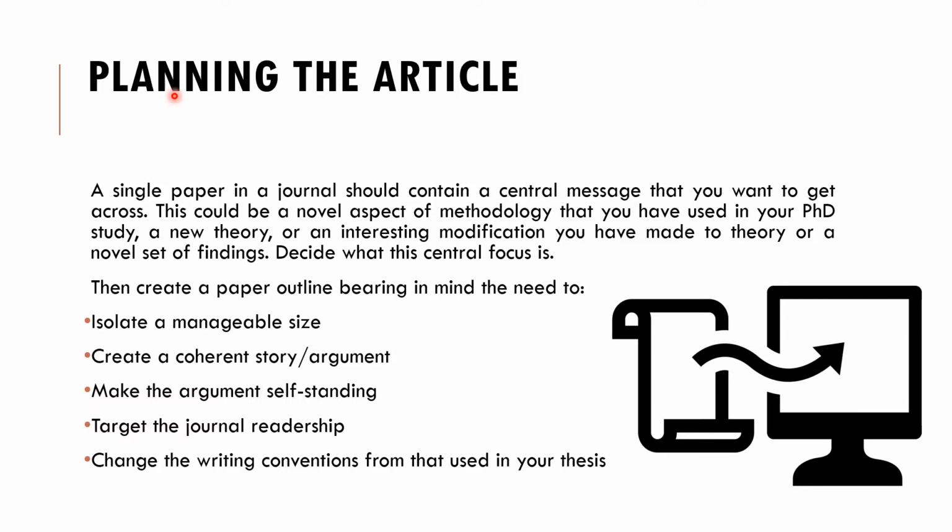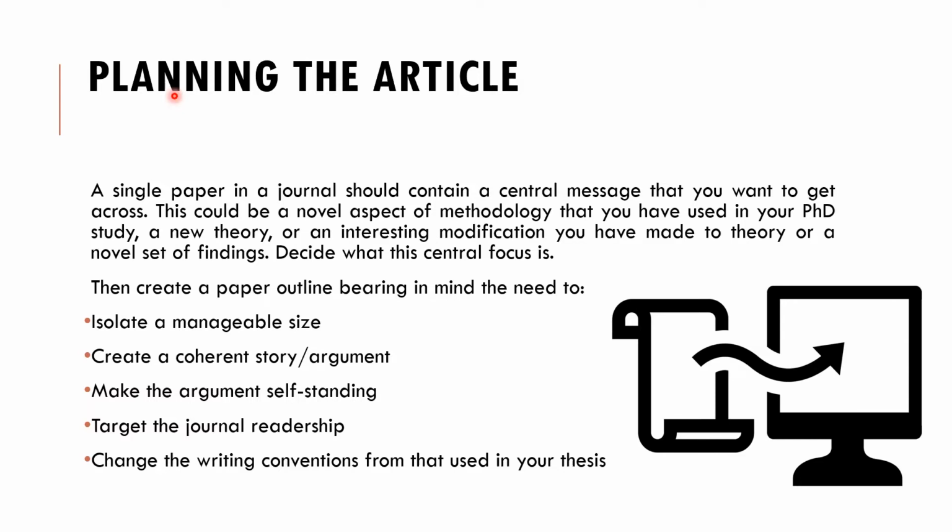So then to create a paper outline, you need to know three specific things. The first thing is isolate a manageable size. Try to create a coherent story or argument, target a journal readership, and also try to change the writing convention from that used in your thesis.